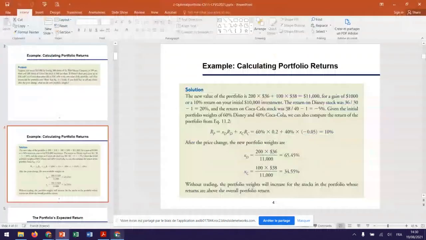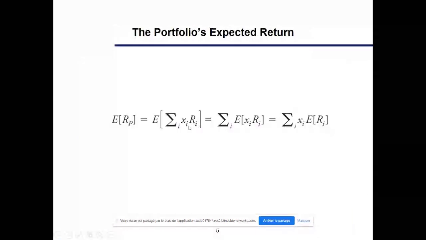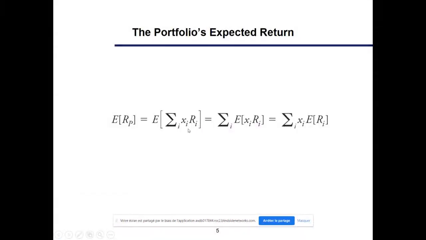So once you have this, if I have the expected return of each investment, I'm going to be able to calculate the expected return of my portfolio. If you take into account those portfolio expected returns, you can calculate the expected return of your portfolio.